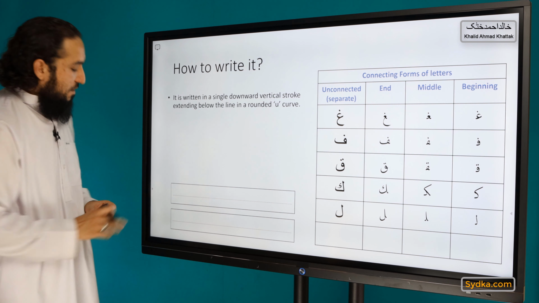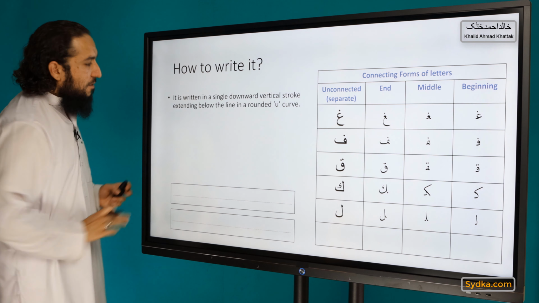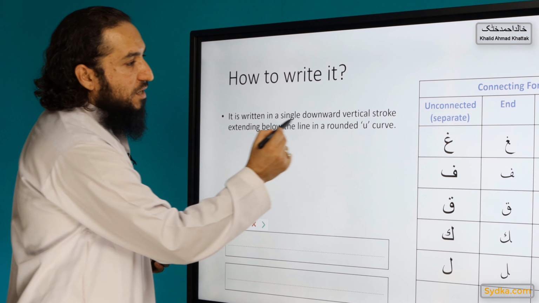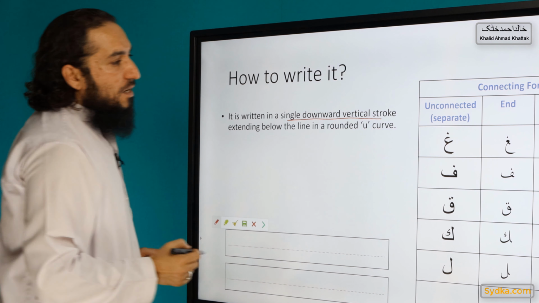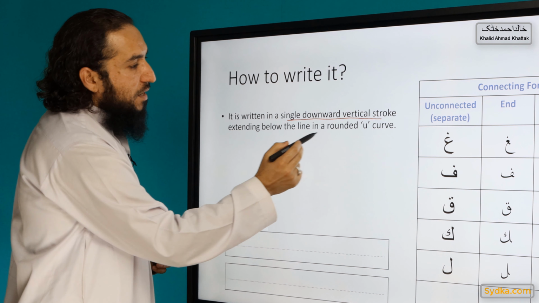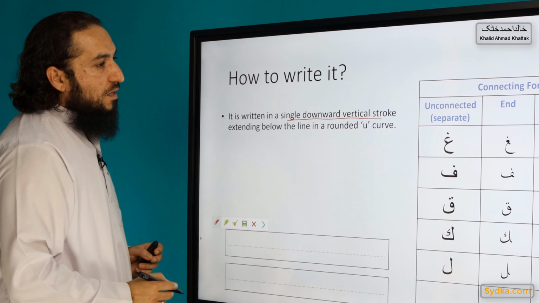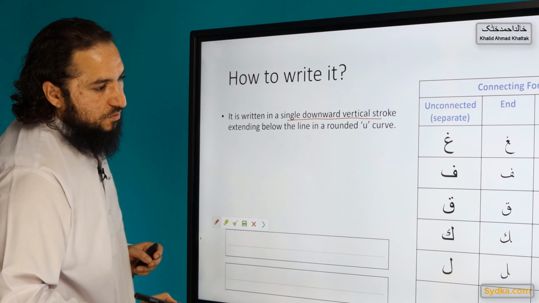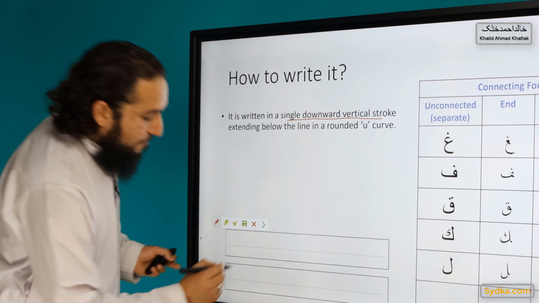How to write it? Let me explain that. It is written in a single downward vertical stroke extending below the line in a rounded L shape. It is written like this.